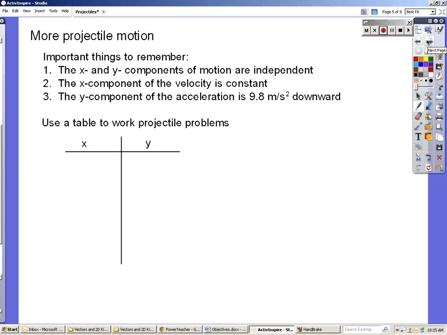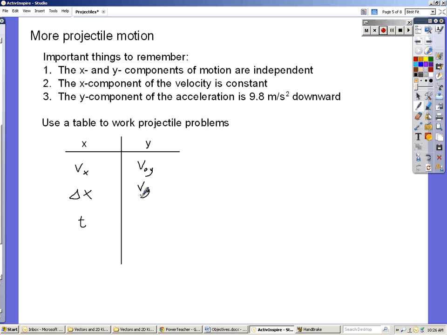In the x direction, you have the x velocity, which is constant, so we don't need final and initial. You have the x displacement, how far it's gone horizontally, and you have the time, nothing else, because you know that ax is 0, and therefore that the initial and final velocities are the same. Now in the y, you have the full complement of kinematic variables.